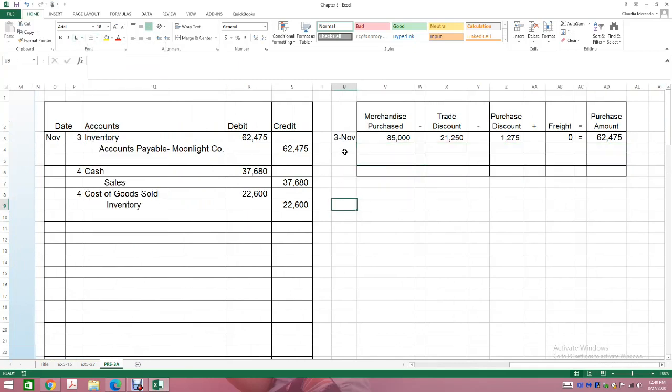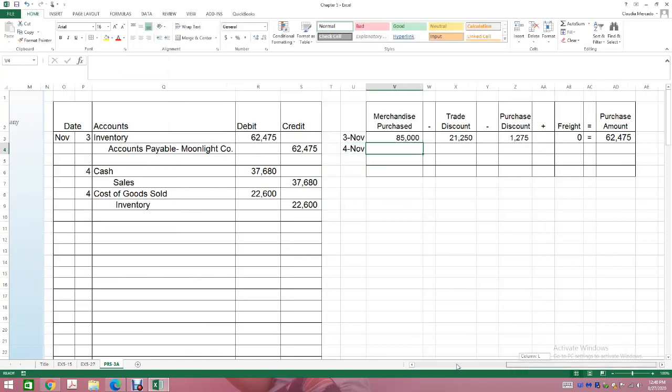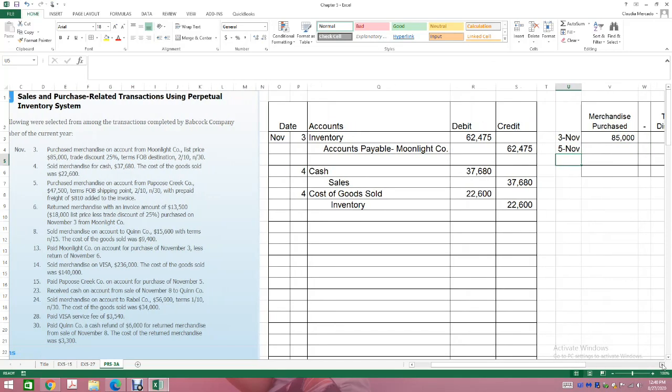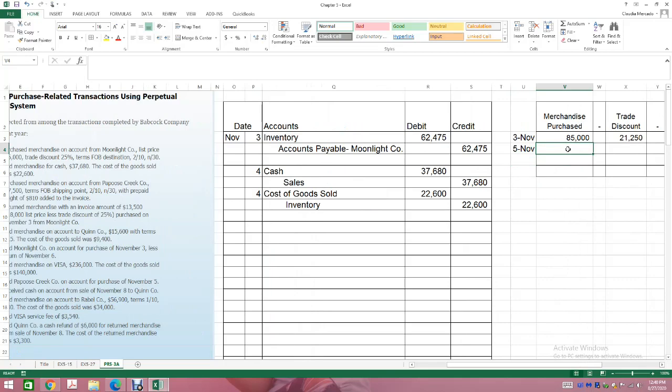And this is a transaction dated November the 5th, I'm sorry. Okay. So it says here that you purchased merchandise on account, 47,500, okay? So my merchandise purchase is 47,500.